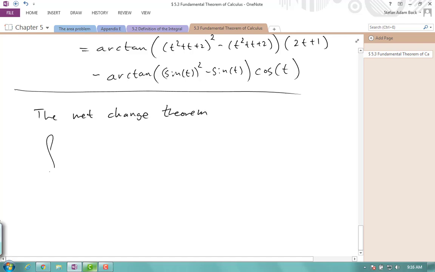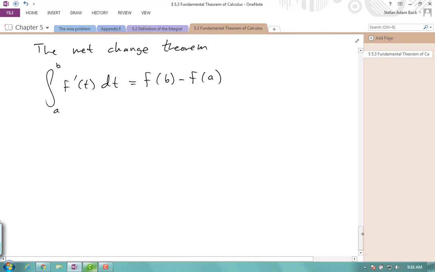So if I have the integral of a rate of change across some interval, then the result is the net change in values of the original function.